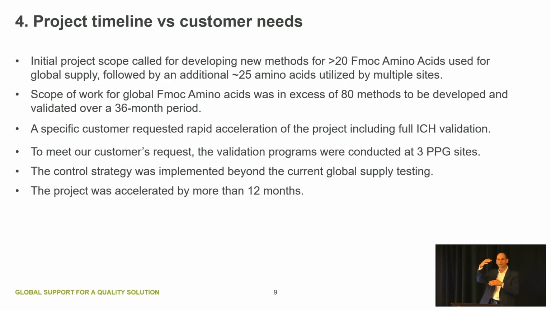So there will be a time frame of probably about 2 years where we'll have to run both methods and do some kind of bridging. These methods are far superior. The specifications are tighter. The justification of specification is more detailed. There's a lot of things that are improvements, but still we have registered products. We have commercial supply. We have to keep that going. So it's an interesting concept.